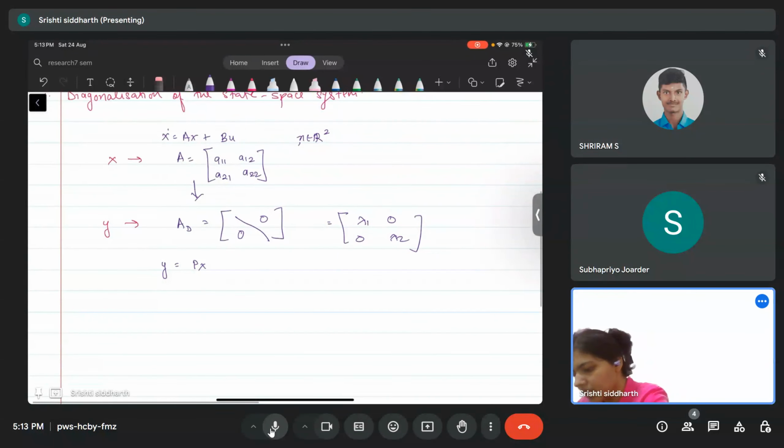If this is the case, then this implies that x is actually P inverse y. One of the main conditions for P is that P has to be invertible so that we can go back and forth between the two states x and y. So P must be invertible.